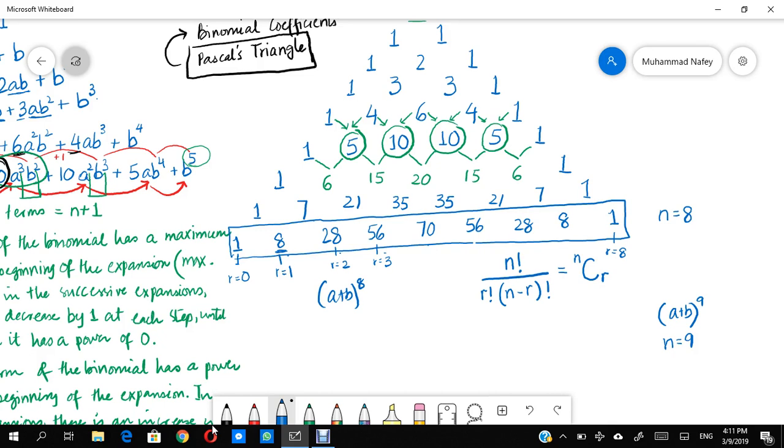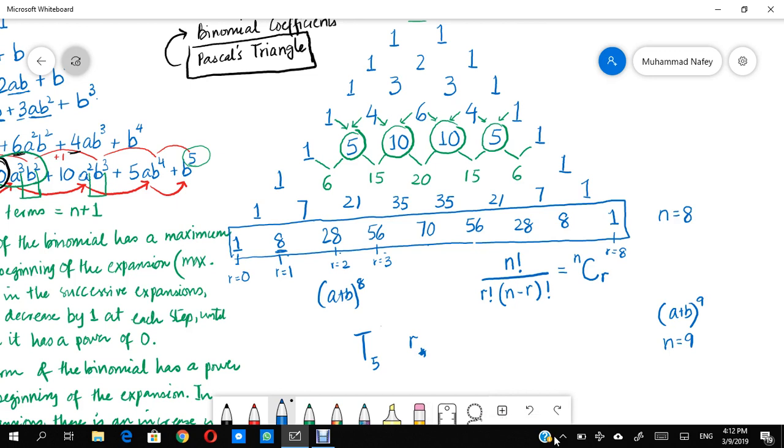Because for the first term, r is equal to 0. For the second term, r is equal to 1. For the third term, r is equal to 2. This means that if I want term number 5, r would be the term number minus 1. So r would be 4. If I want to find the fifth term, r would be 4.